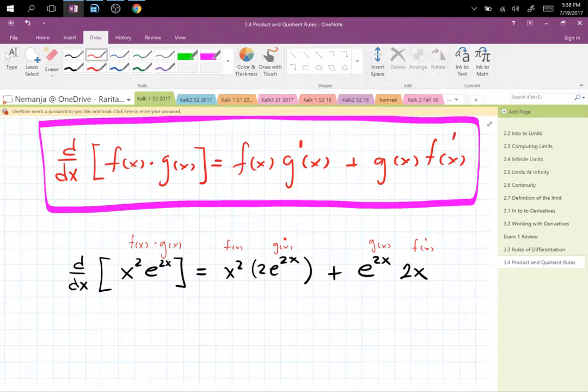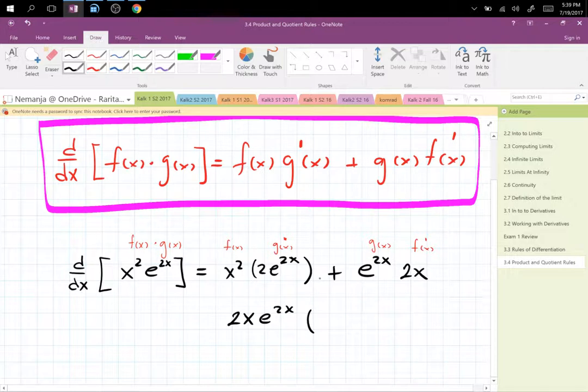Now, the next order of business for this particular problem is to factor out the most you can. Because in Chapter 4, we are going to set this equal to 0 to find critical points and stuff, and you can't do that unless you factor it. So get used to factoring your answers as soon as you can. So I will factor out 2xe to the 2x.